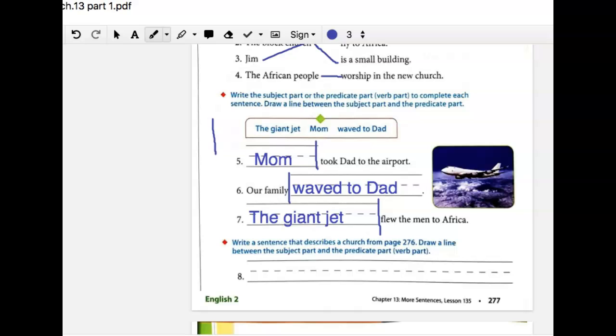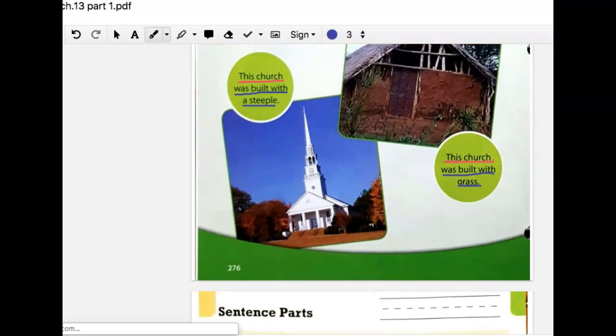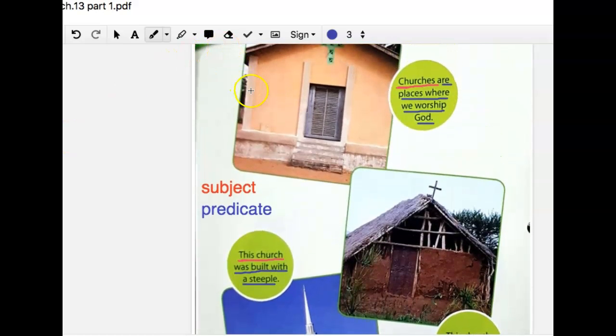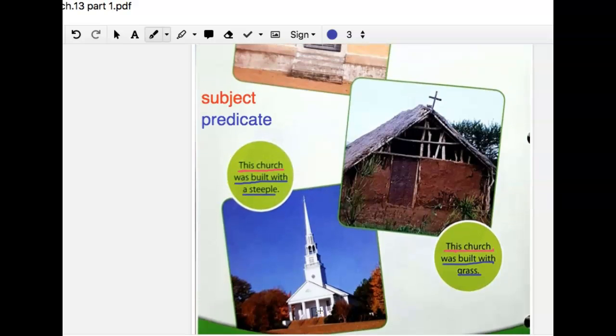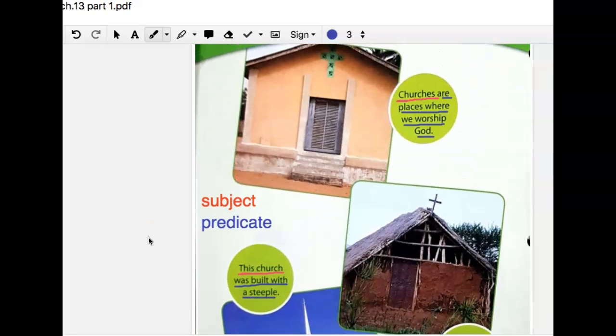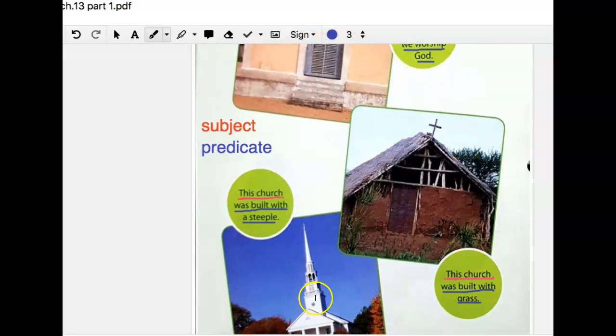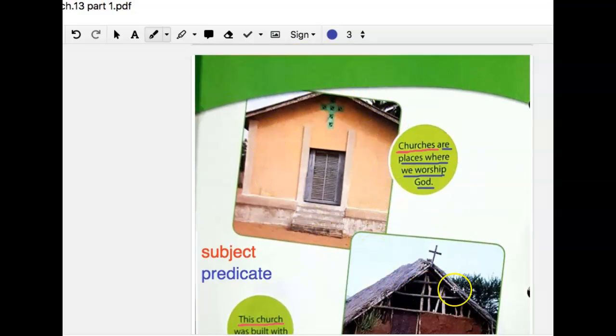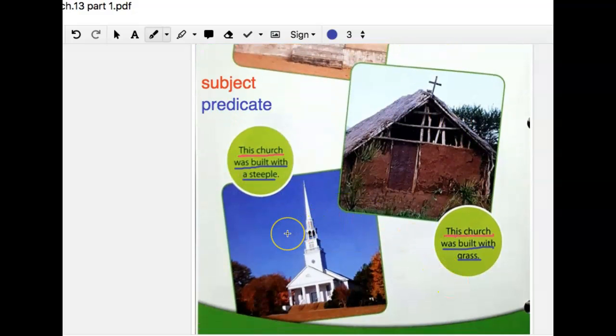For number 8, you're going to write a sentence that describes a church from page 276. And then you're going to draw a line between the subject part and the predicate part, which is the verb part. So 276 is this page, and we have 3 different pictures, each showing a different church. You can choose whichever church you want to write about, and write a sentence to describe that church.